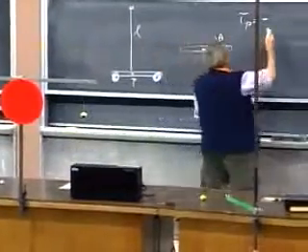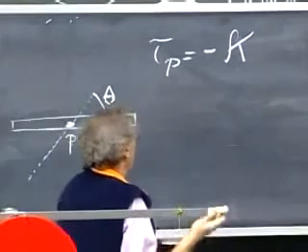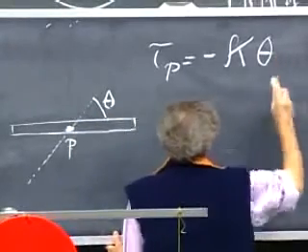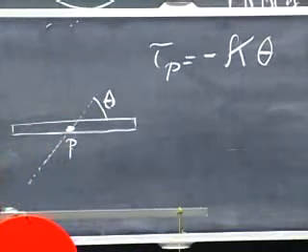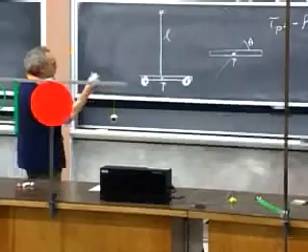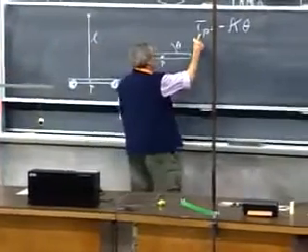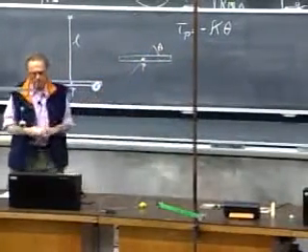Instead of a K now, we have kappa, which is what we call the torsional spring constant. And now we have an angle which we call theta. So we generate a torque which is proportional to the angle. Very similar to the linear spring, whereby we generate a force which is proportional to the linear displacement. Now you generate a torque which is linearly proportional to the angle.